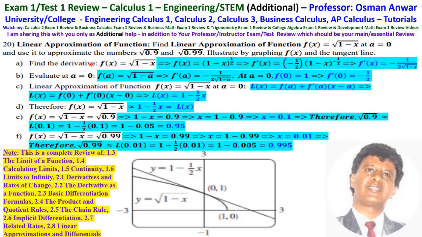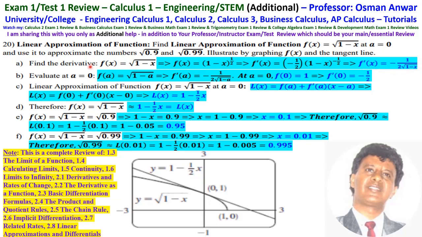Okay, first find the derivative of f of x equals square root of 1 minus x. So f of x is equal to (1 minus x) to the half. That means f prime of x is 1 over 2 times (1 minus x) to the minus half, times the derivative of the inside, which is minus 1, which makes this minus half. So f prime of x is equal to minus 1 over 2 square root of 1 minus x.